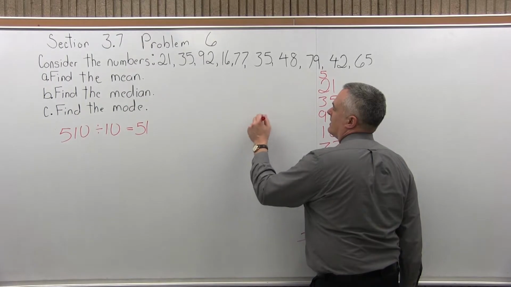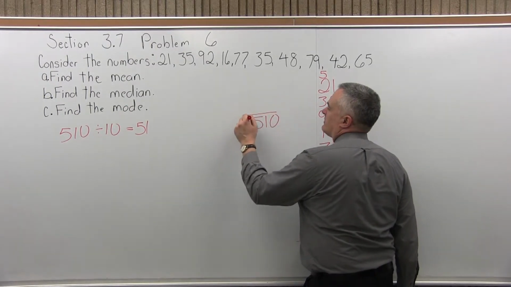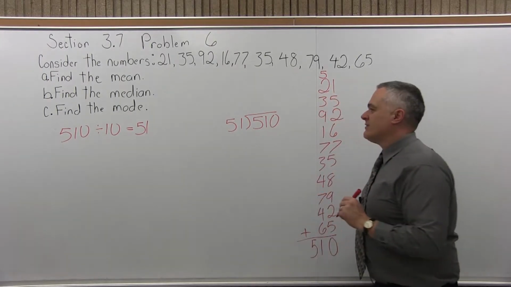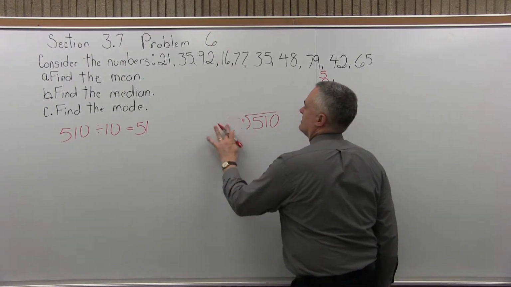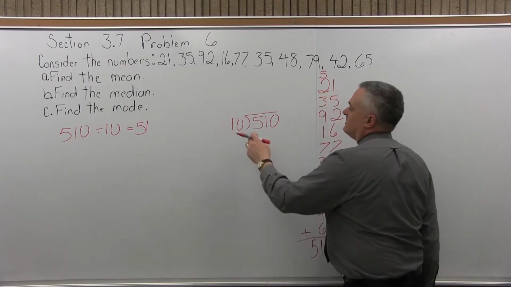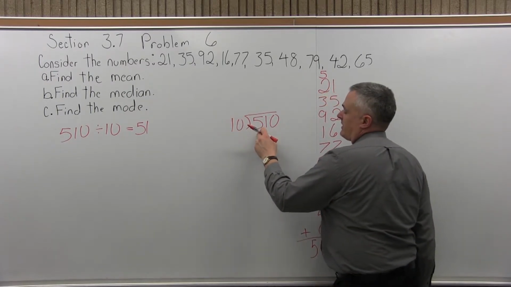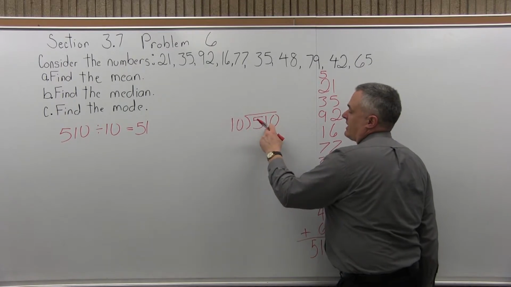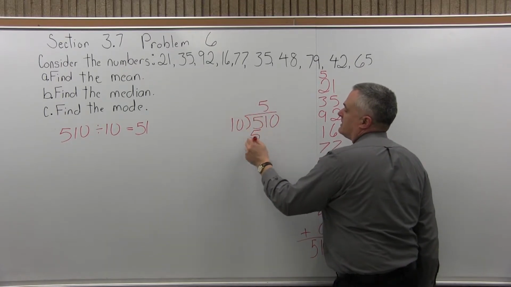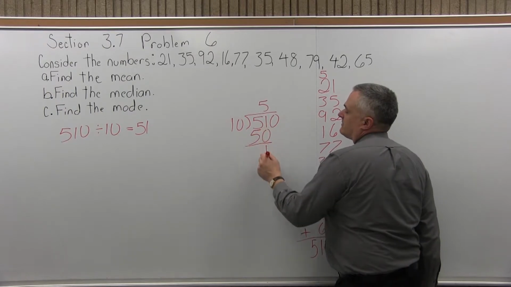If you don't realize that you can use that trick, off to the side, put the 510 under the division symbol and write the 10 outside the division symbol. And now 10 divides into 5, it won't go. 5's not big enough. So now 10 divides into 51, well, 5 times. 5 times 10 is 50. 51 minus 50 is 1.